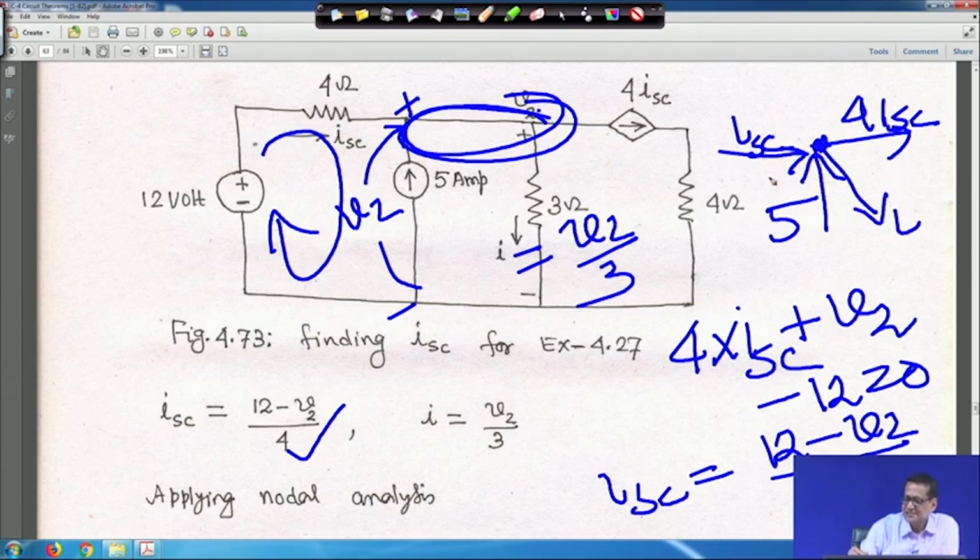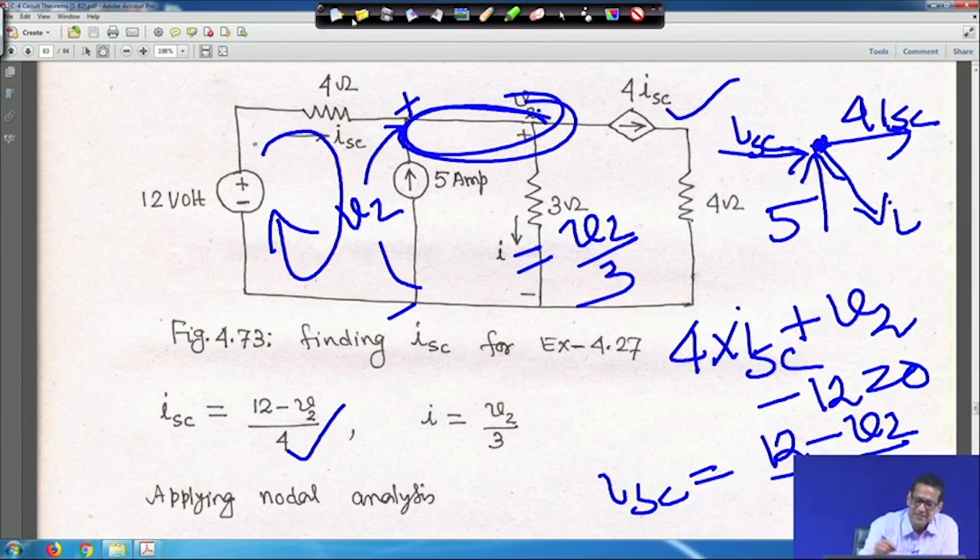That means ISC plus 5, the incoming current, is equal to 4 ISC plus this I, which is V2 by 3. For 4 ISC, you have the expression of ISC, so substitute: 4 into 12 minus V2 upon 4, effectively it becomes 12 minus V2, and this should be equal to V2 by 3. Everything is in terms of V2, so you will easily get the value of V2, and only then will you compute ISC.